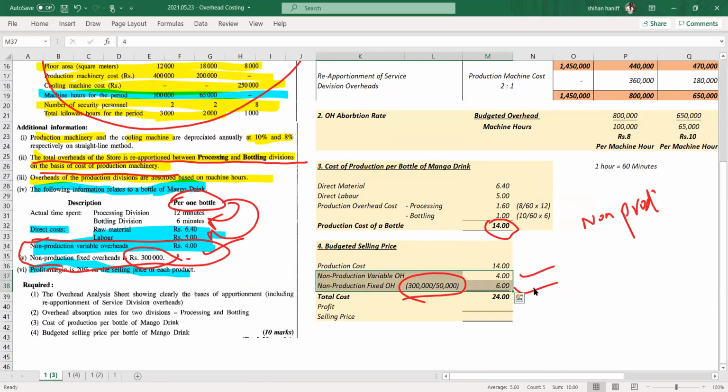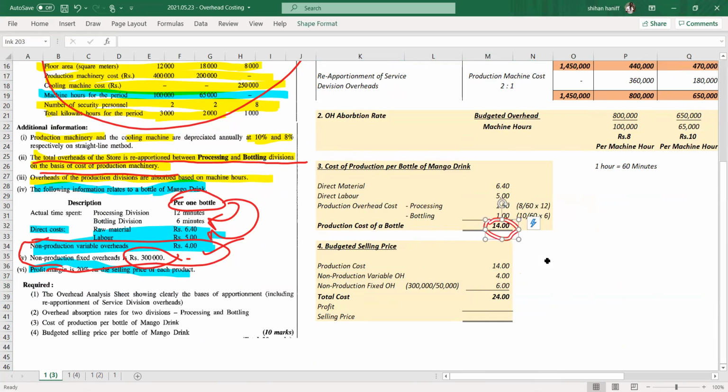Now what is the profit? Cost plus profit margin is 20% on selling price.